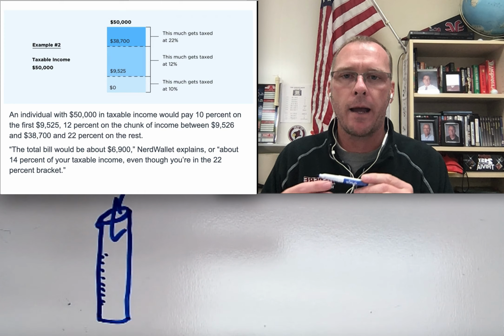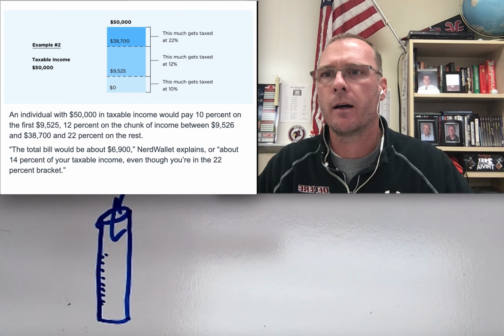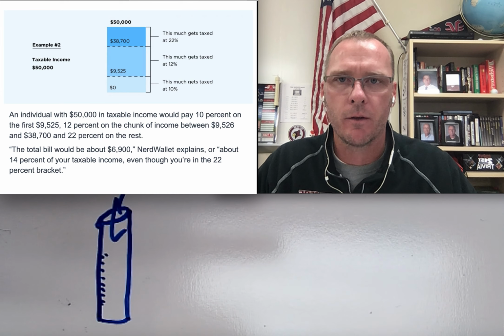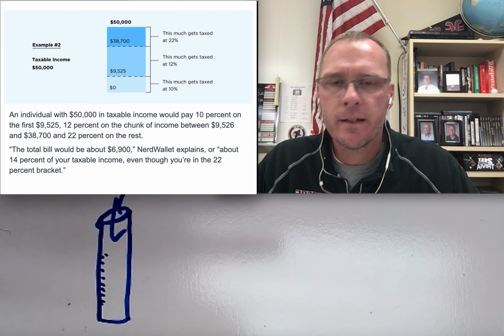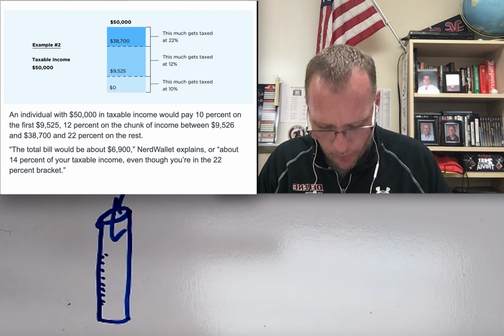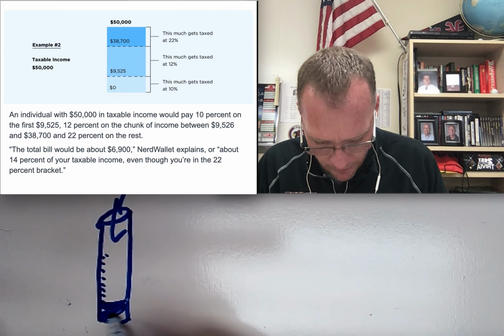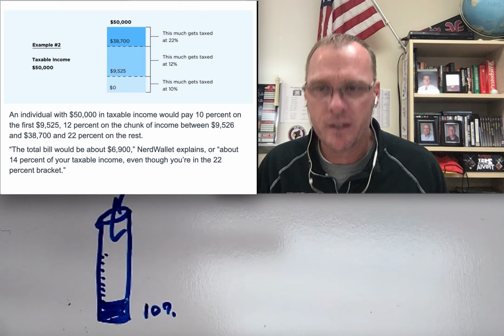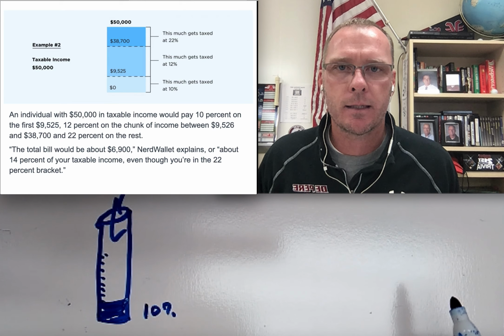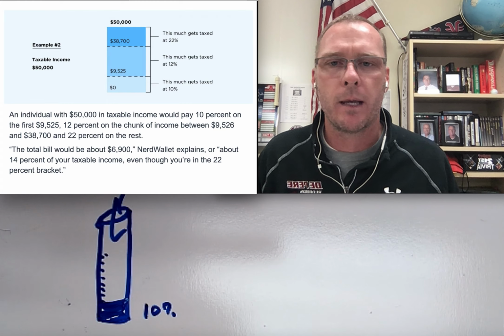So if you look at this guy up here, this person has taxable income of $50,000, right? The first $9,525, the portion that you're paying in here, you're only paying 10% on that particular money that you have coming in.